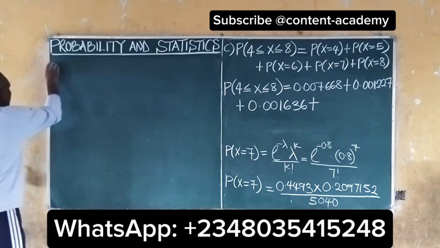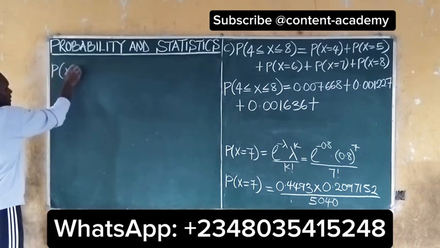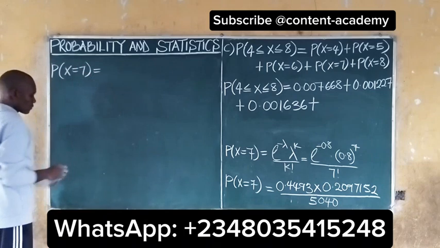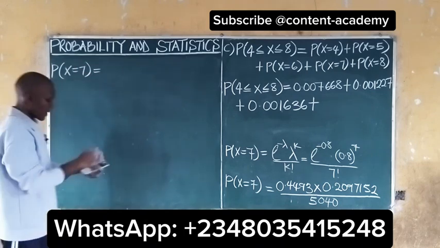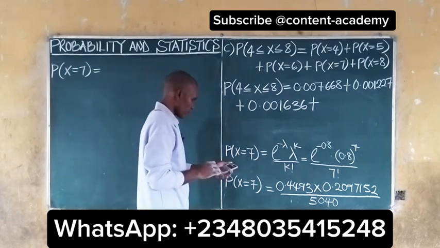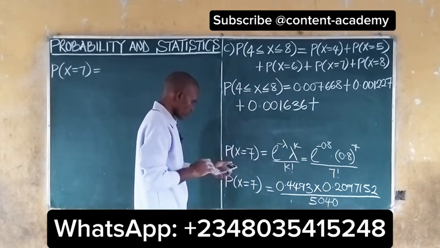So it then means that our P(x = 7) is equal to, now we multiply the whole of that divided by 5040, sorry.